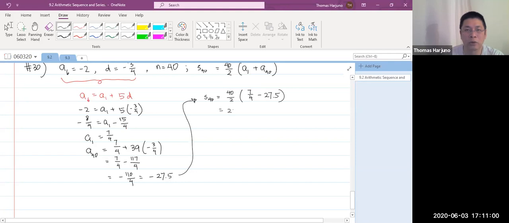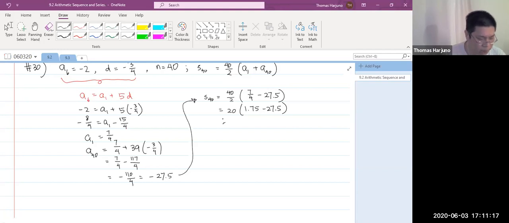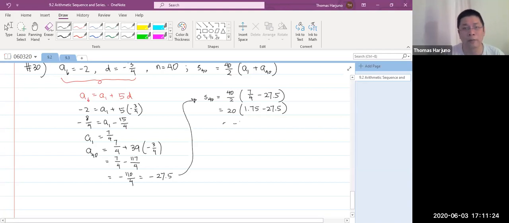So that's 20 times, this is 1.75 minus 27.5. Then you can use your calculator. 1.75 minus 27.5, multiply by 20. I get negative 515.